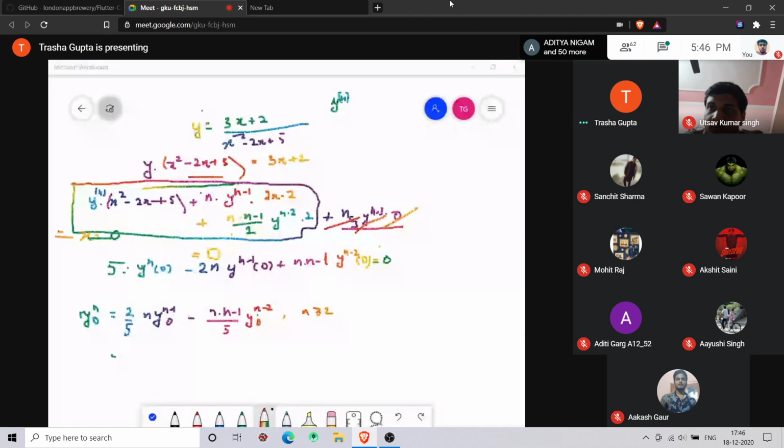Right? So this is what you will get. So you can find out for n equal to 0 and n equal to 1, you can get the values from this.